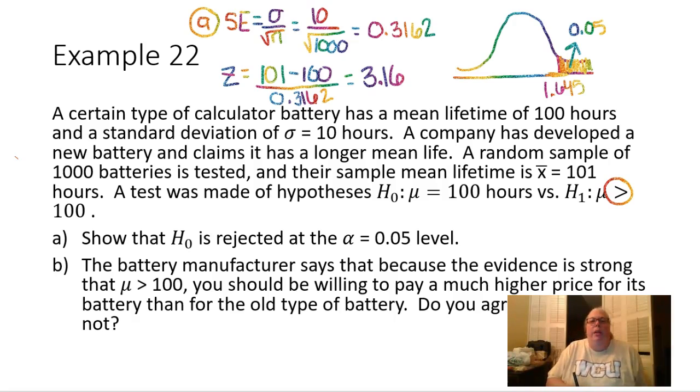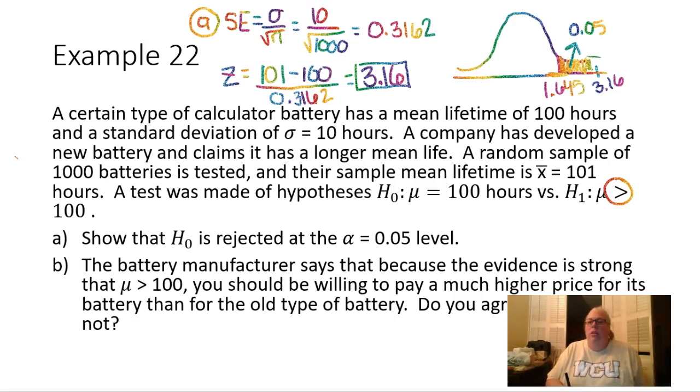Now we're going to compare our test statistic to the critical value that we found. Where does 3.16 fall? Is it in the white unshaded area, or will it fall in the shaded area? In other words, is 3.16 more than 1.645, or is it less than it? I think we can all agree it's way back here somewhere, much bigger than the 1.645 critical value that we found.